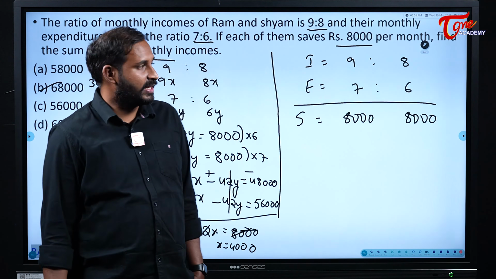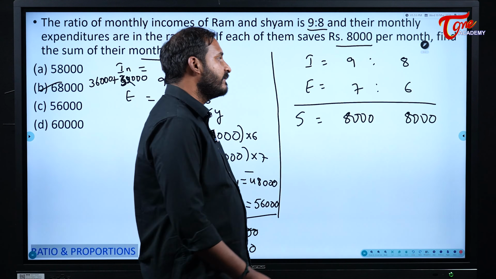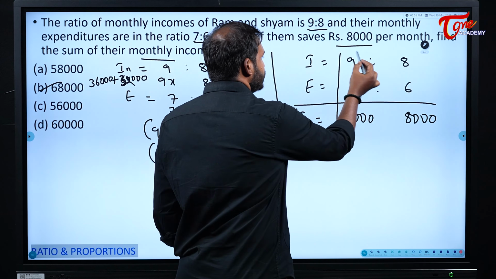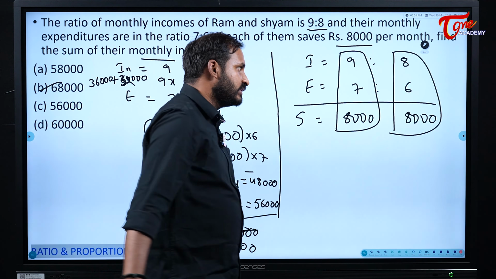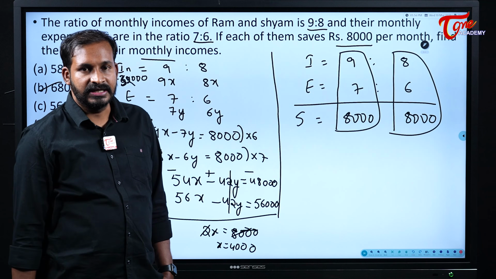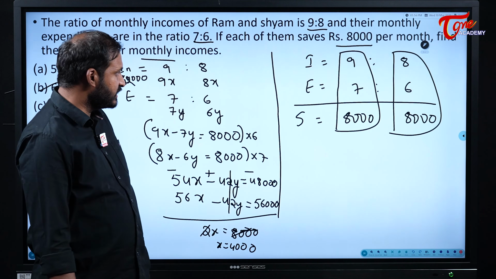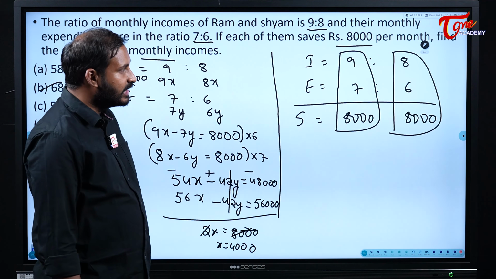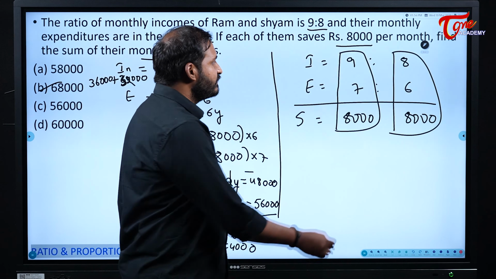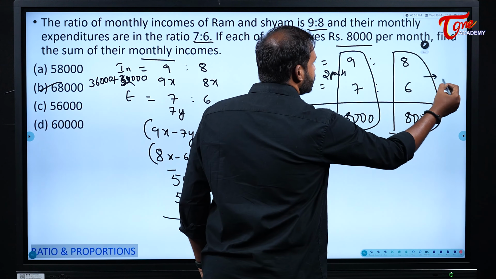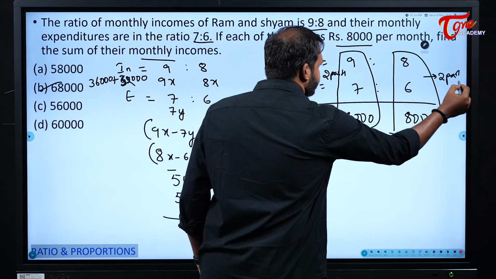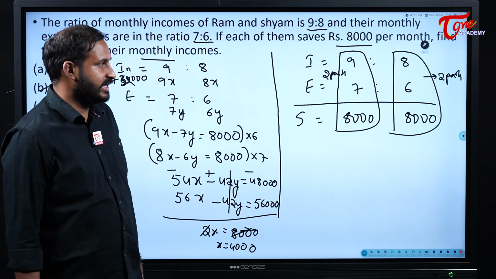Now, in this type of case, please observe here: 9, 7, 8 and 6. The difference between these two is 2 parts, and the difference here is also 2 parts.